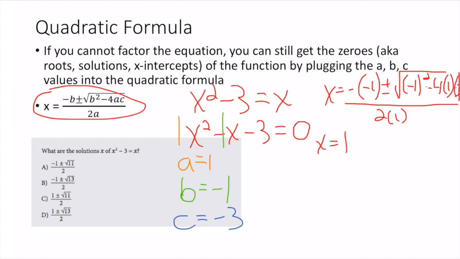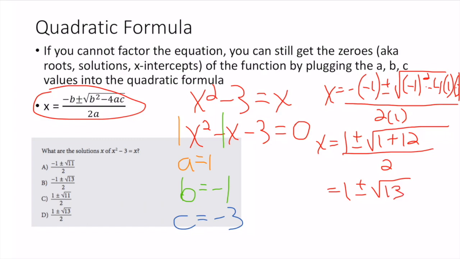So x equals 1 plus or minus the square root of 1, minus 4 times 1 times negative 3, which is just positive 12, all over 2, which equals 1 plus or minus square root of 13, all over 2.